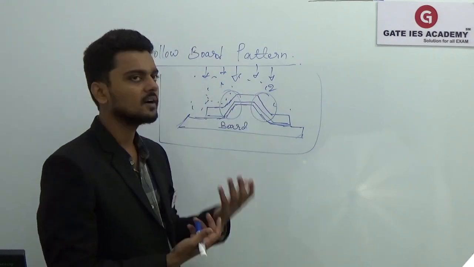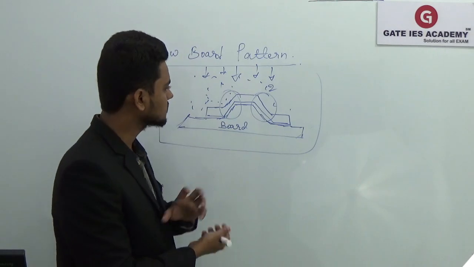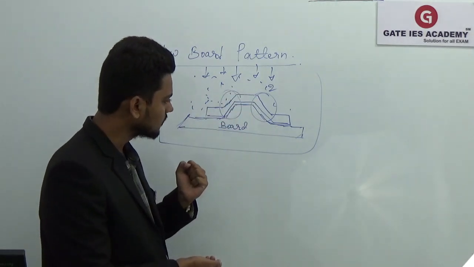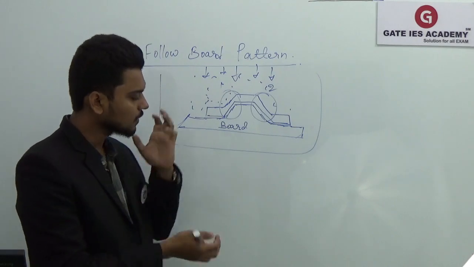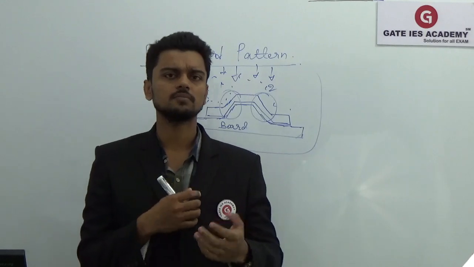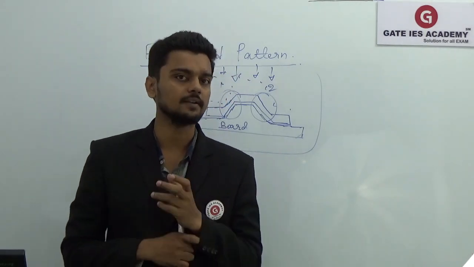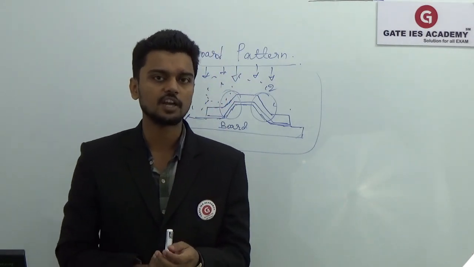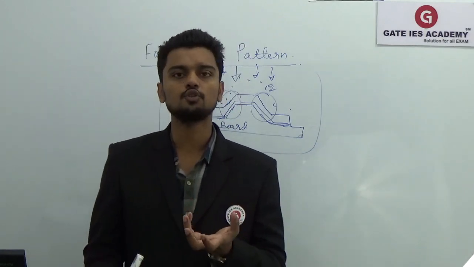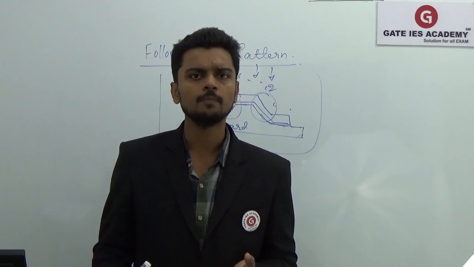So this is for the drag. Now once the drag part is made, we'll remove this board and we'll keep the flask over the drag, and then it is to be filled with this sand. Now again, to get the required strength of the cope, is it necessary to place that follow board again? No. Why?